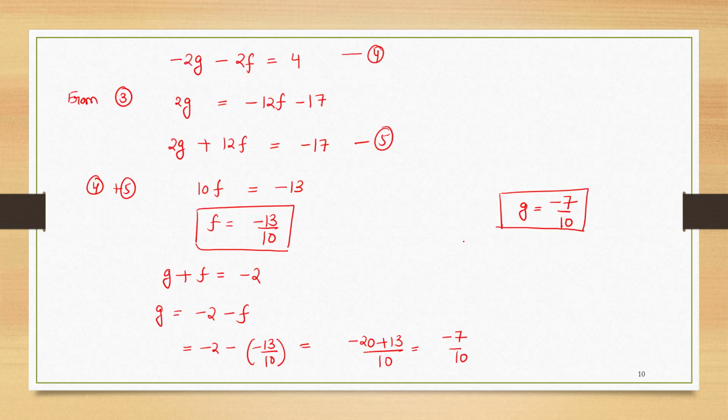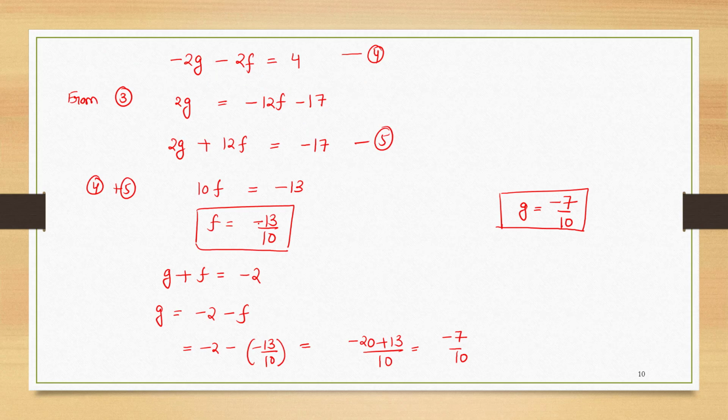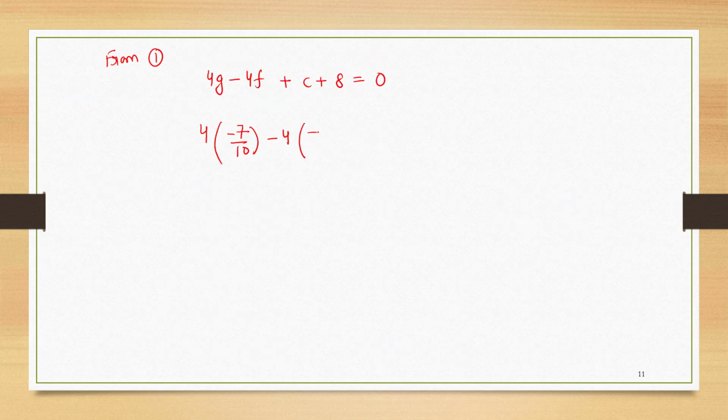That is 4 times minus 7 by 10 minus 4 times minus 13 by 10 plus c plus, I can write 8 as 4 into 20 by 10, equals 0.